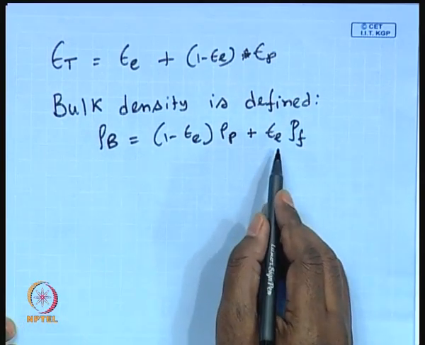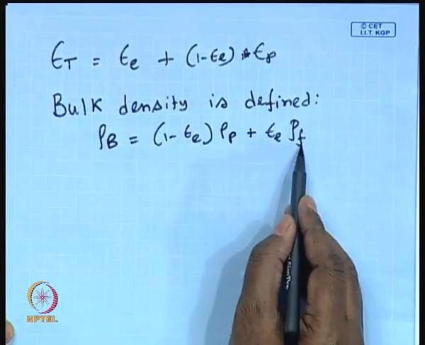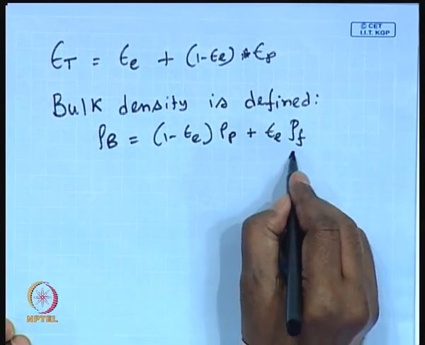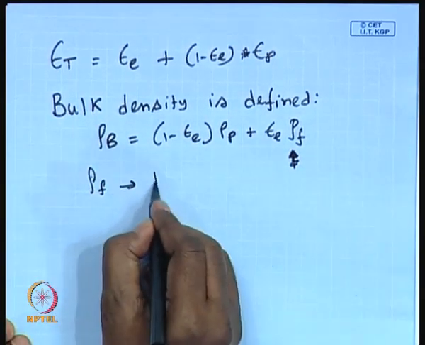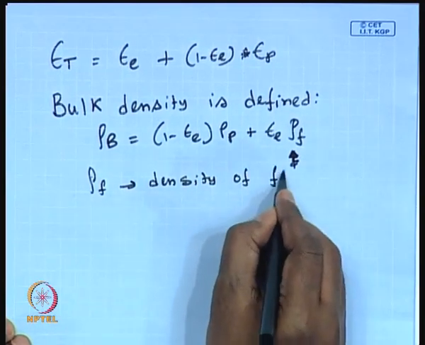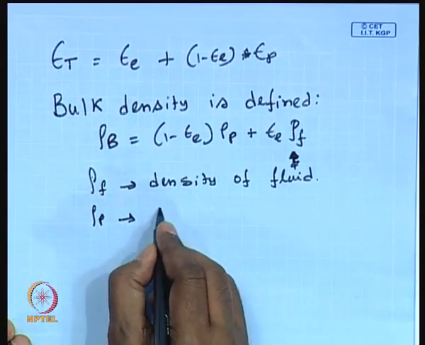Epsilon e is basically the interparticle porosity, where it will be occupied by rho f, the fluid. Rho f is the density of the fluid. And rho p is the density of the particle.